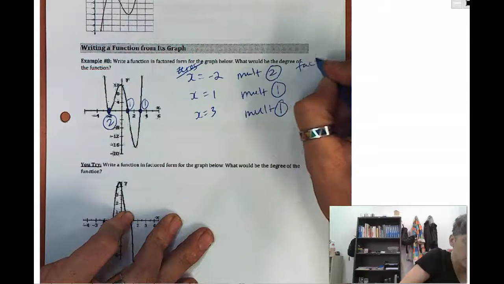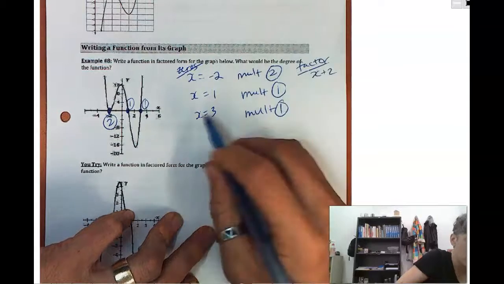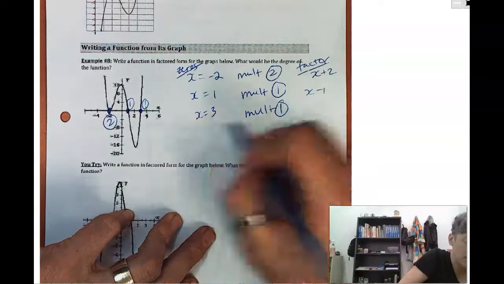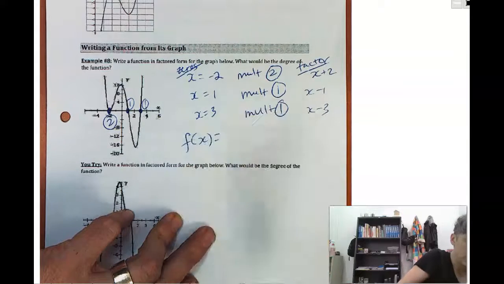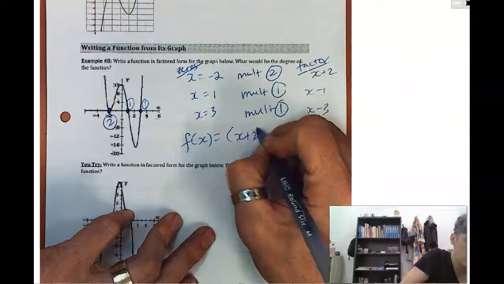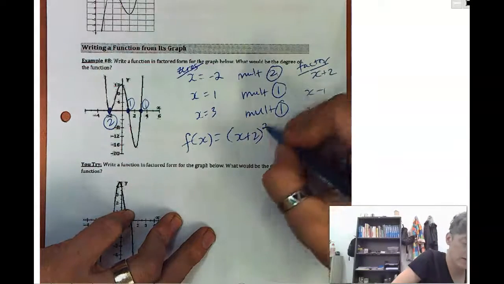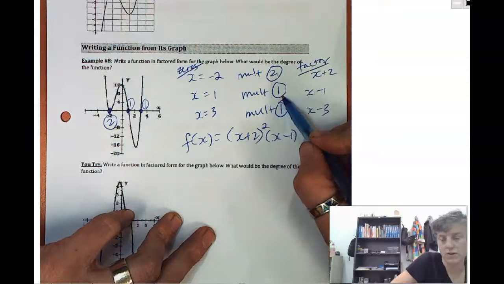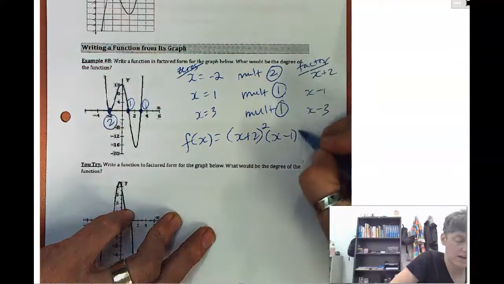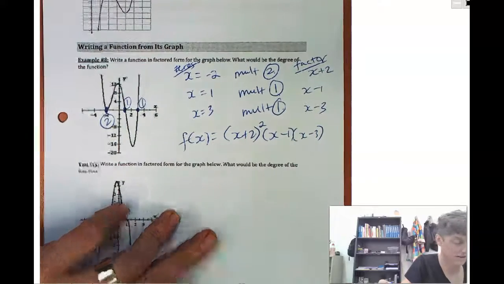So the factor that goes with it is going to be x plus 2, x minus 1, and x minus 3. So our function is x plus 2 to the second power because of that multiplicity. X minus 1, it's to the first power, so I don't need to say anything fancy. And x minus 3, again, to the first power, so I don't need to say anything fancy.